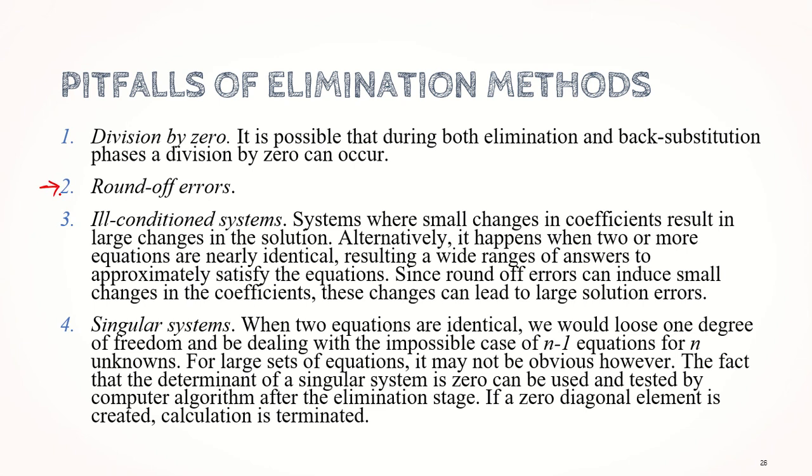This error depends on the significant figures that we use. Previously we only used up to 6 significant figures, so at the end we actually have a problem with round-off errors, as shown in the previous example.